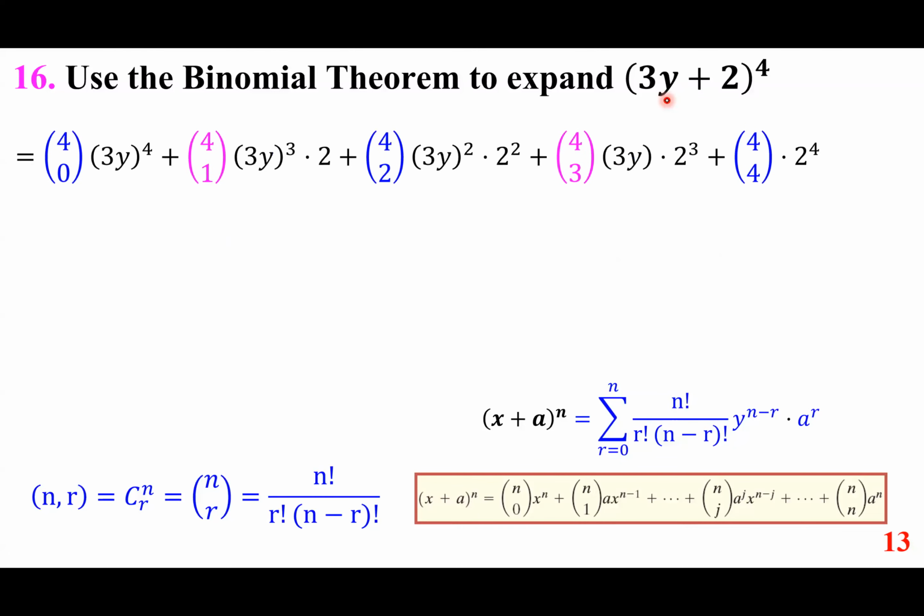So notice what's going to happen. According to this, 4 choose 0, and then whatever this is, assume it's x, but you have to keep it in a parenthesis, to the power of 4. If you want to stick with this one, remember, 2 to the power of 0. That's where it goes. In fact, if I wrote that, it wouldn't make any difference. If I wrote times 2 to the power of 0, makes no difference.